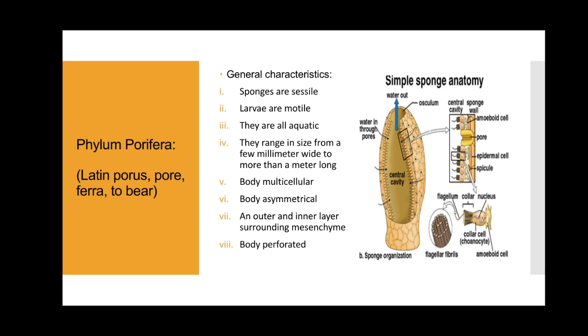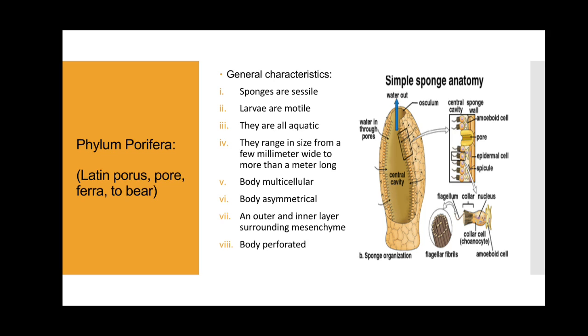The body is multicellular and is not organized as tissues or organs. There is no body symmetry, it means they are asymmetrical. The sponges consist of an outer dermal layer which is called pinacoderm and the inner layer which is called choanoderm. Choanoderm is made up of flagellated cells which are called choanocytes.